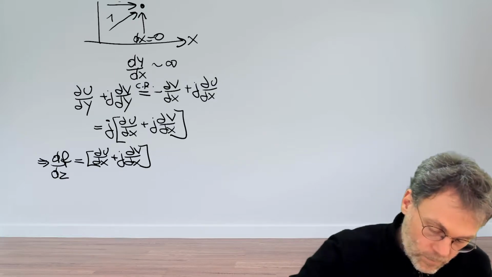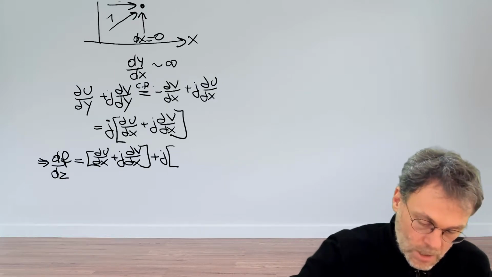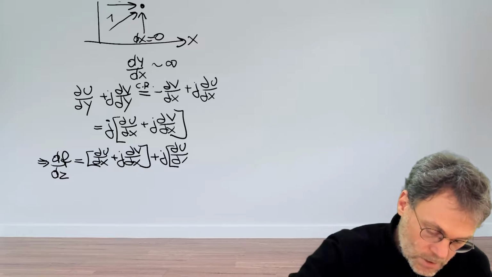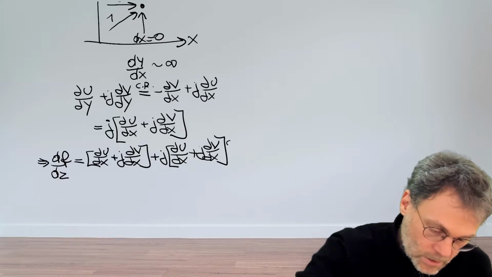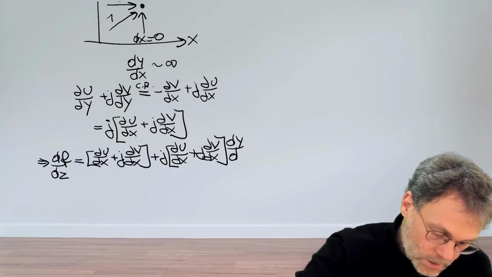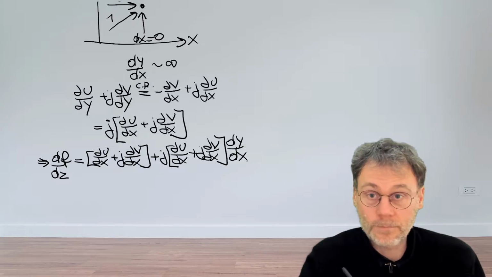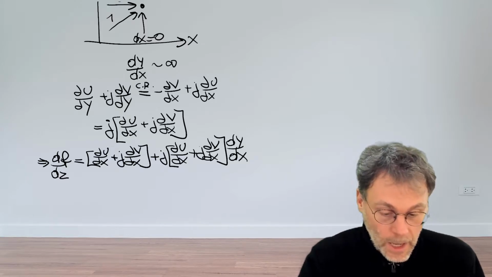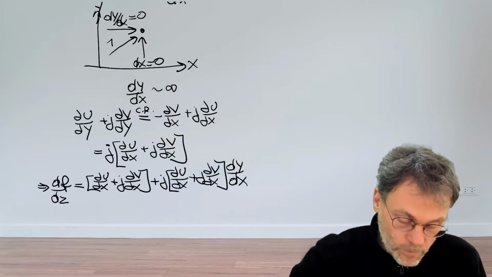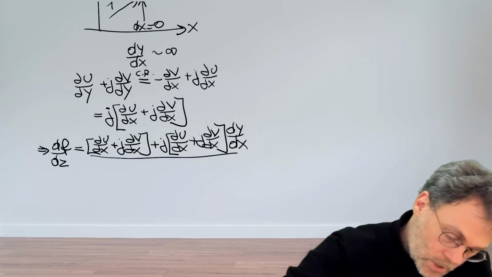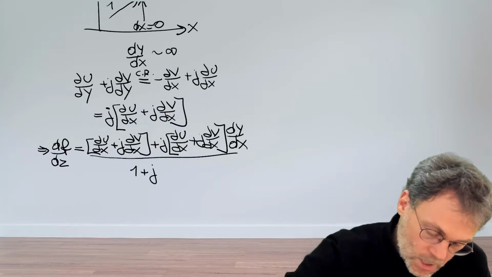So now we have plus j times du dx plus j dv dx. And then we have that nasty term dy over dx that we want to get rid of. And then we still had a boring denominator over here, which we're just going to copy again. So this is going to be 1 plus j dy dx.